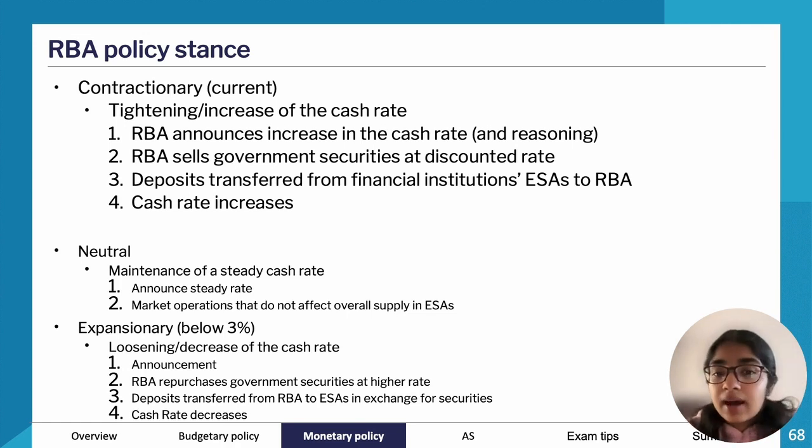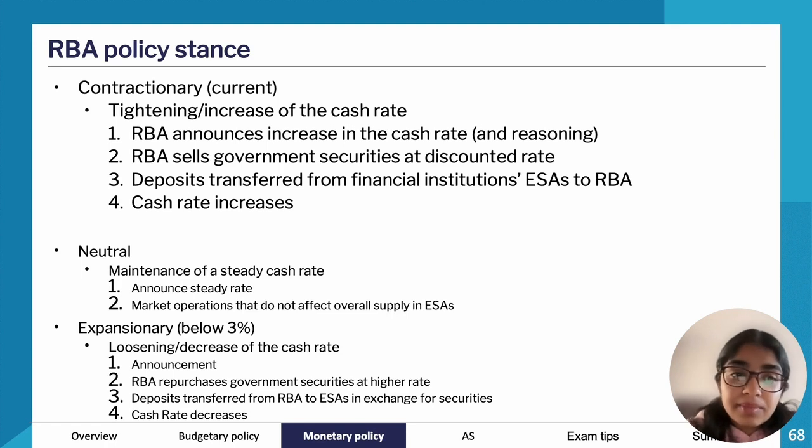Well, first, the RBA announces that they're going to increase the cash rate, and the reason for this is that inflation is too high. Then the RBA sells those government securities at a discounted rate. When they sell the securities, it means that these banks now have less credit. They have these securities instead, but they can't lend those securities. So we have less credit now.